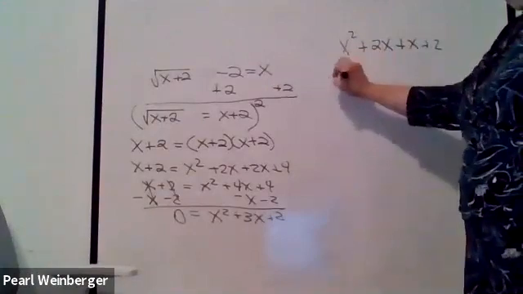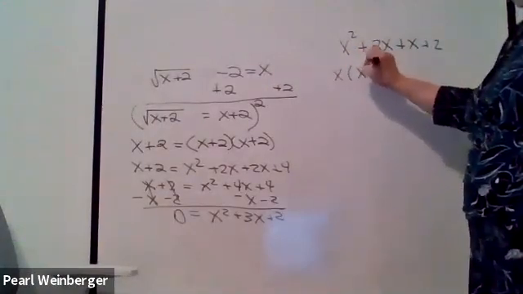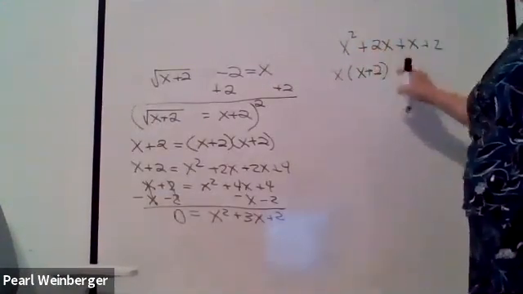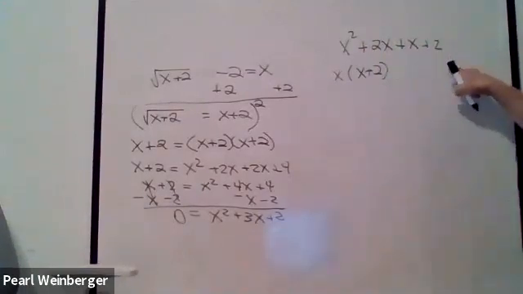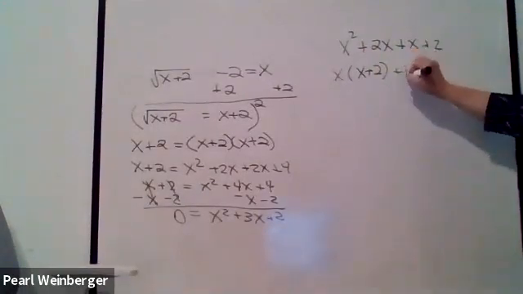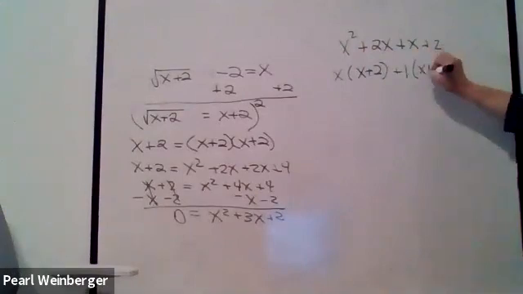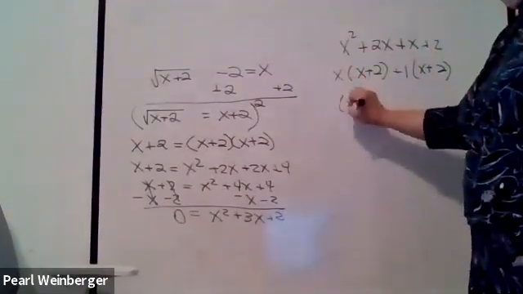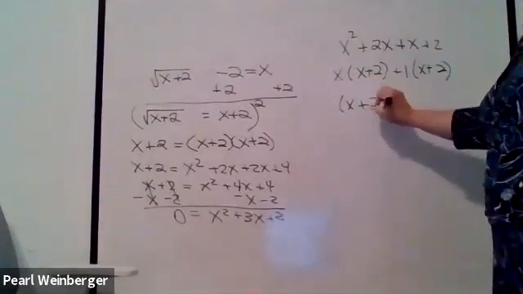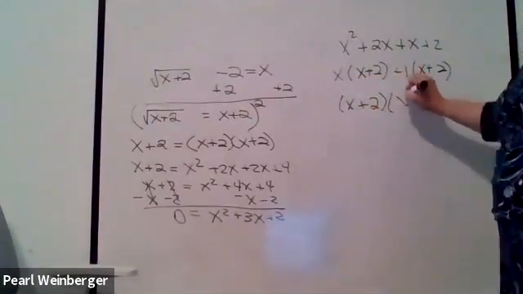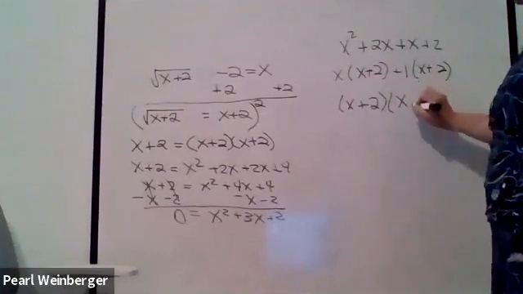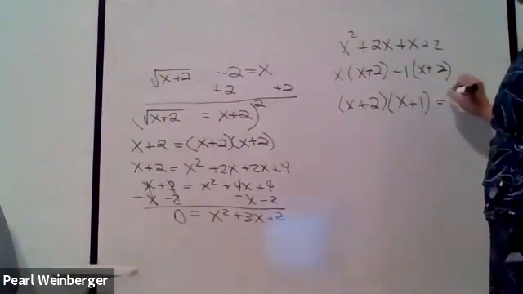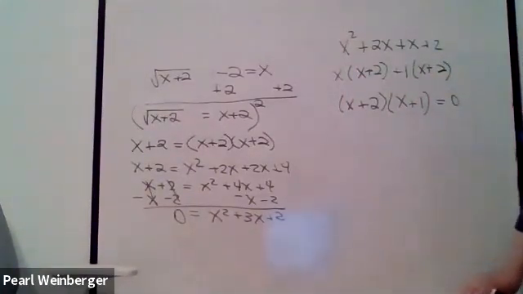In the first group, I have x times x plus 2. In the second group, there's no common factor, so I just do a plus 1 and put the x plus 2. So that gives me, after I factor, x plus 2 in one parentheses and x plus 1 in the other parentheses. Now this is equal to 0.